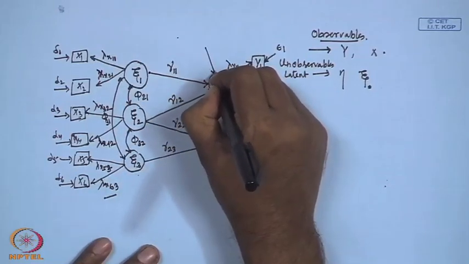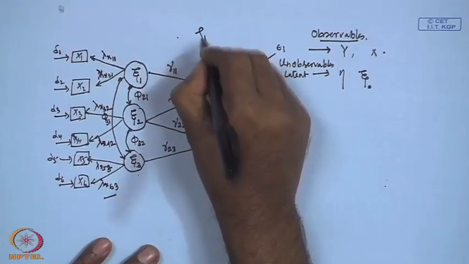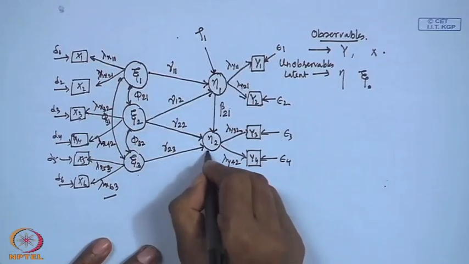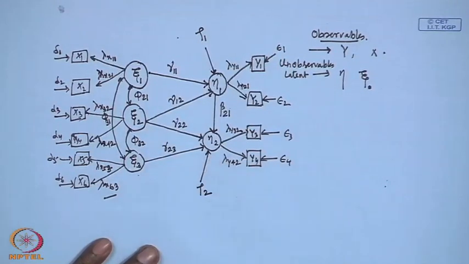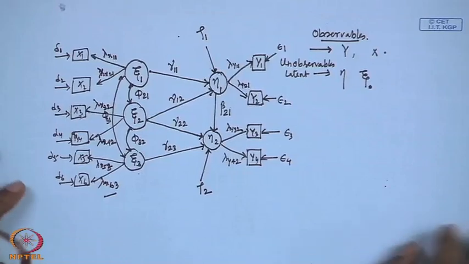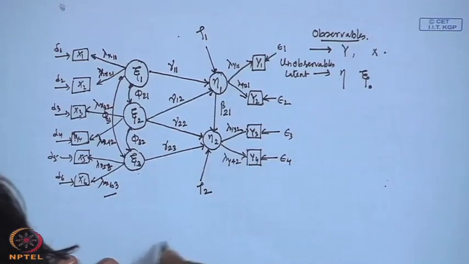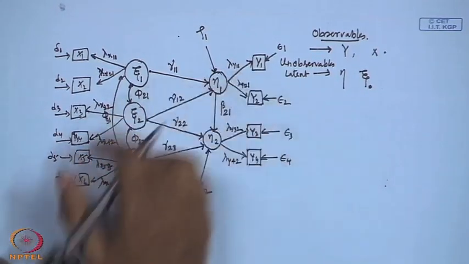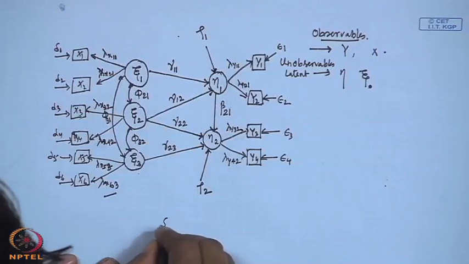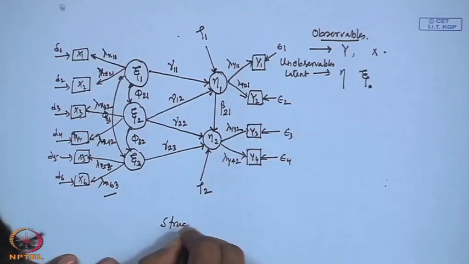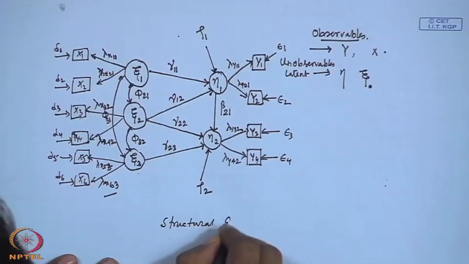So, you have to give some zeta. Okay. This is what is known, in path diagram, as the structural equation model.